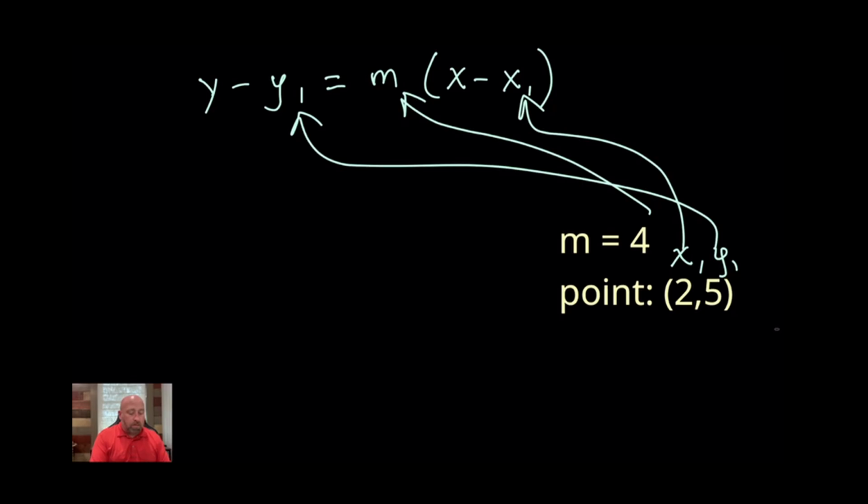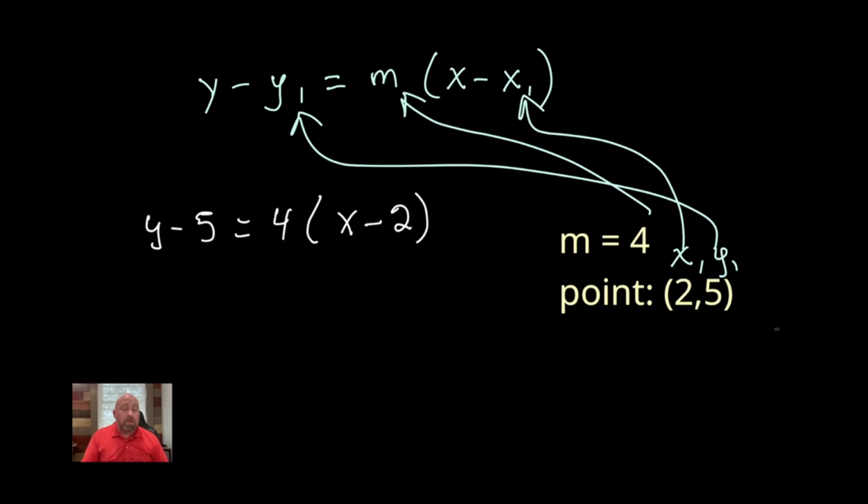All right, so let's change the color up real quick so you can see this. So y minus y1. What was y1? Well, it's 5, equals m, which is 4, times x minus x1, which is 2. Just plug into the formula.